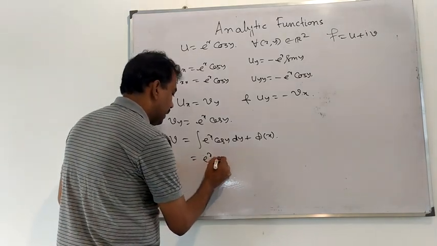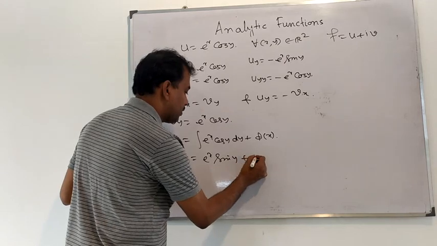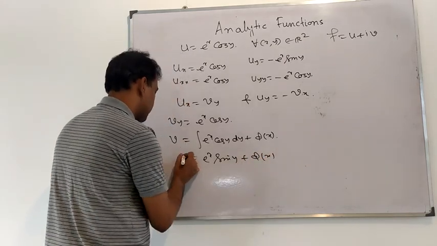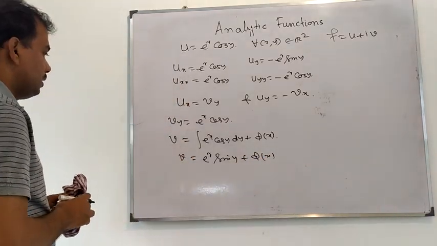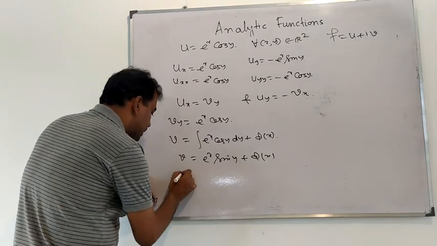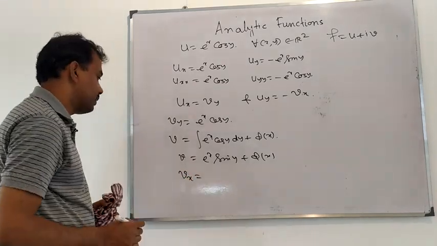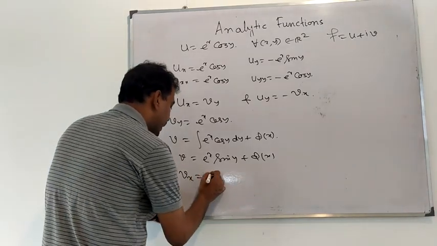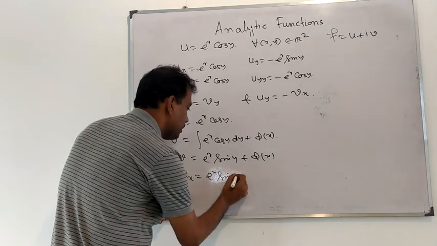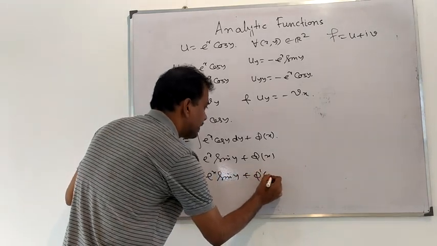So v is e to the power x sin y plus phi of x. Now differentiating partially with respect to x, we get vx equal to e to the power x sin y plus phi dash x.